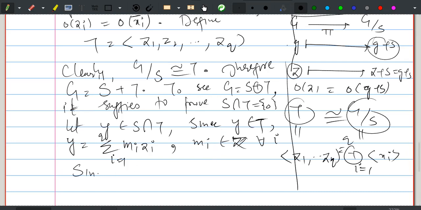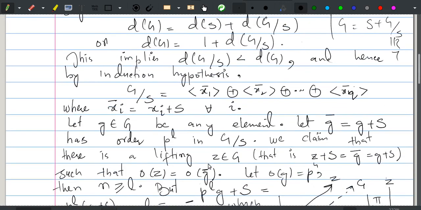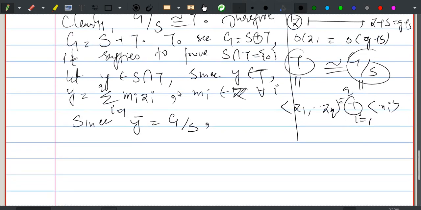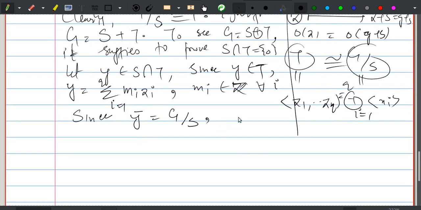Now Y bar is in G mod S, where G mod S is the direct sum of these cyclic subgroups, so Y bar is the sum of mi prime Xi bar, where i runs from 1 to q.